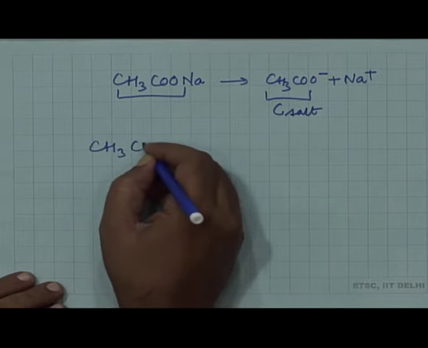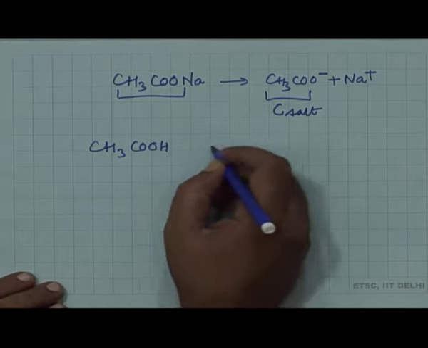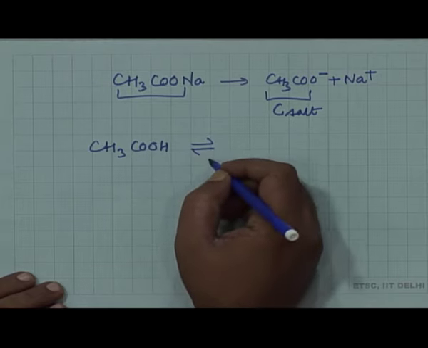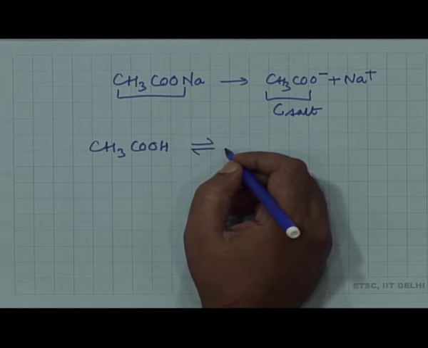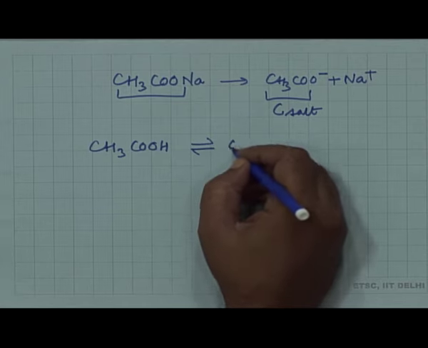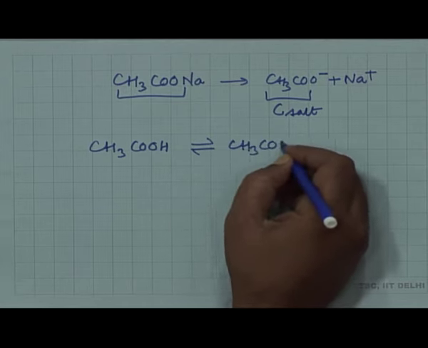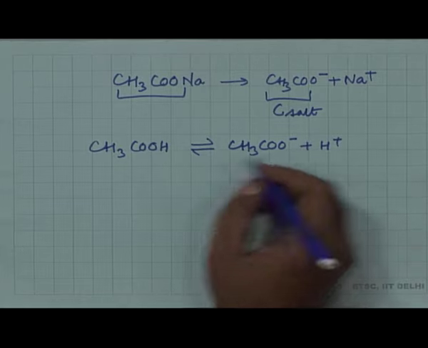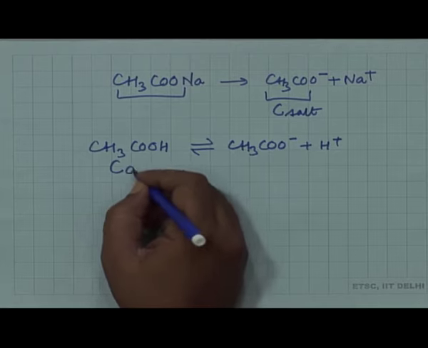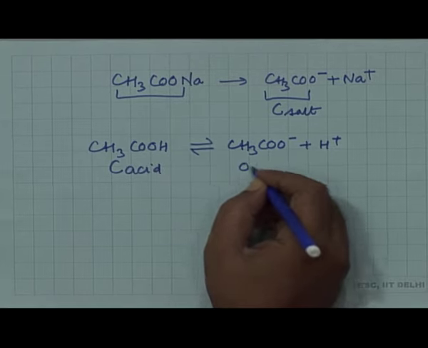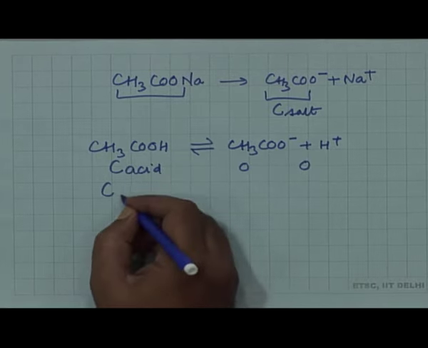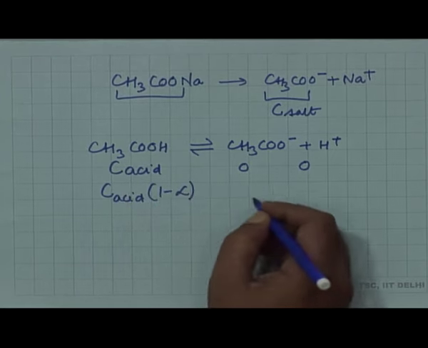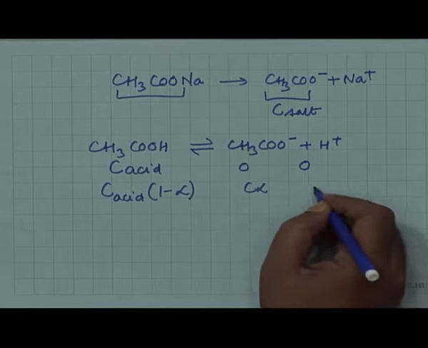Now, consider the dissociation of your weak acid. This is CH3COOH giving CH3COO minus plus H plus. If you start with C acid, 0, 0, then you can write C acid into 1 minus alpha, where alpha is the degree of dissociation, and you will get C alpha, C alpha.